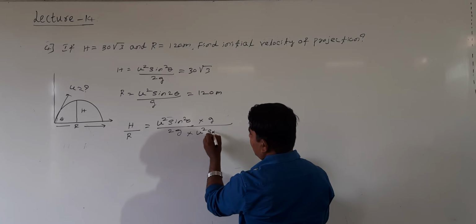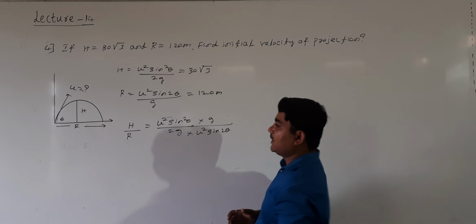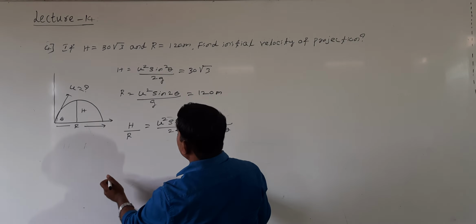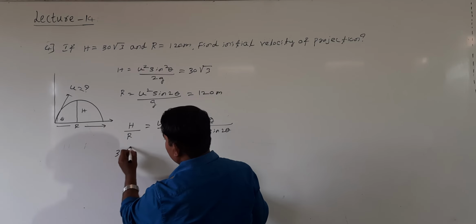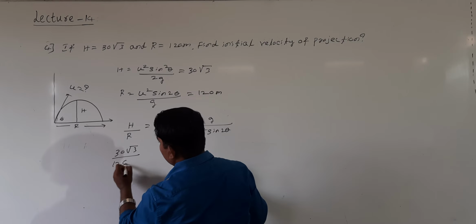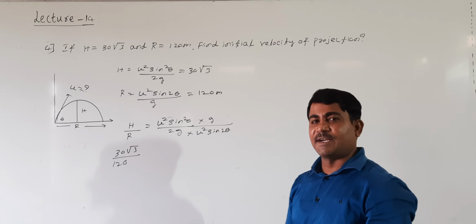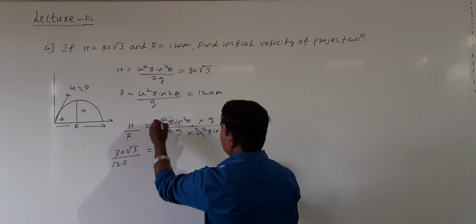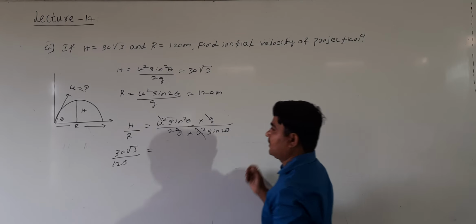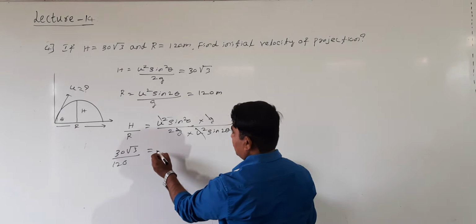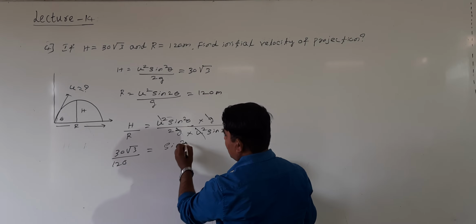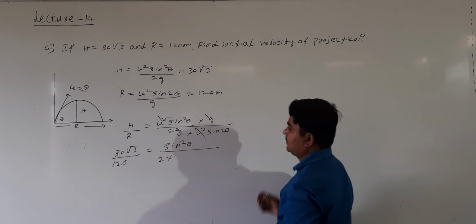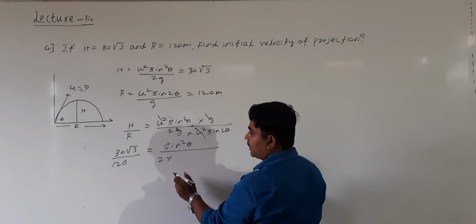U square sin 2 theta, right? h is directly given, how much? 30 root 3. r how much? 120, right? Then u square gets cancelled, g gets cancelled. What is remaining here? See here, sin square theta whole divided by 2, right? What is the meaning? Sin 2 theta. What is sin 2 theta?